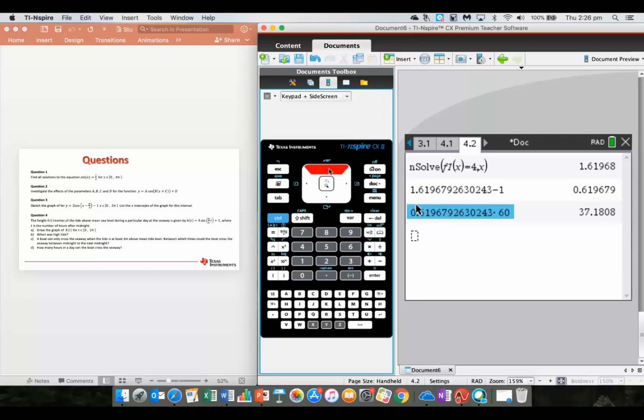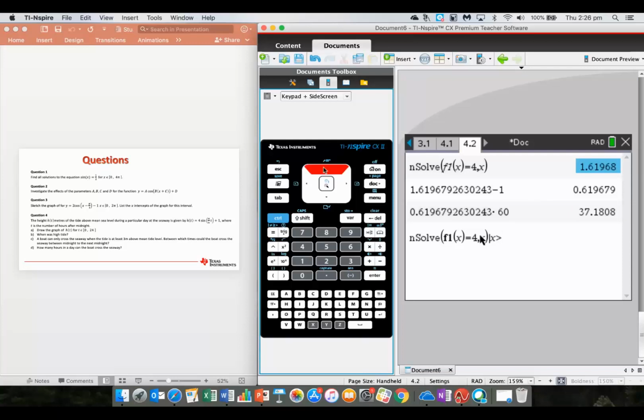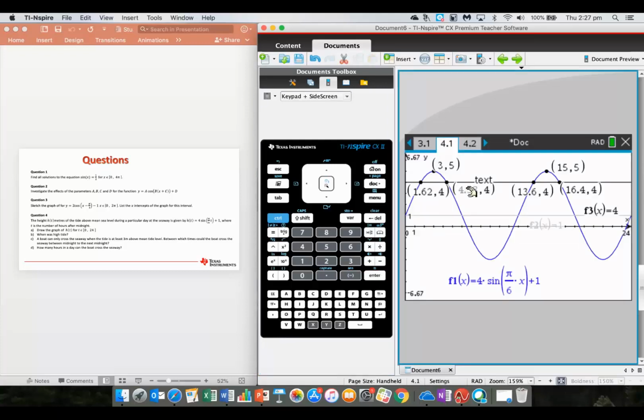In order to find the second time the boat can cross the seaway, I'm going to do a similar thing as I did prior. Copy the equation down. Now I want to solve where x is such that x is bigger than my first answer. Which gives me 4.38. Going back to my graph page, 4.38 certainly is my second solution.